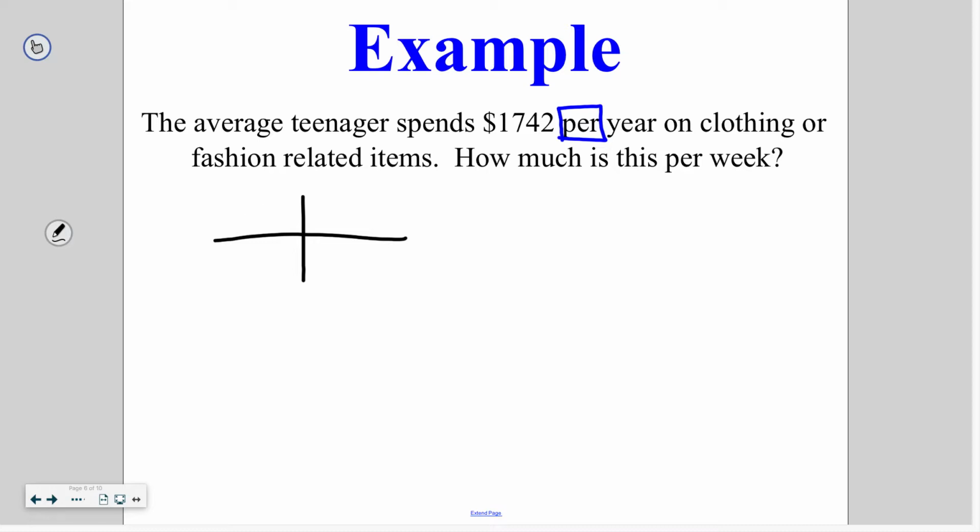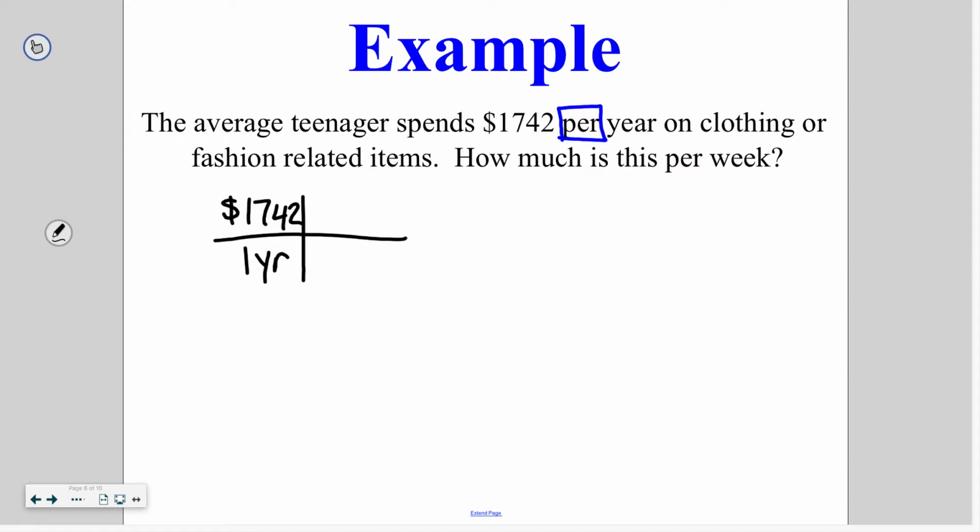Now that we have the word per, we're going to have something on top and on bottom. The quantity in front of per goes up top, so $1,742. The quantity after per, which is 1 year, goes on the bottom. So when you have 2 units, in this case dollars and years, that's why we have 2 portions set up.